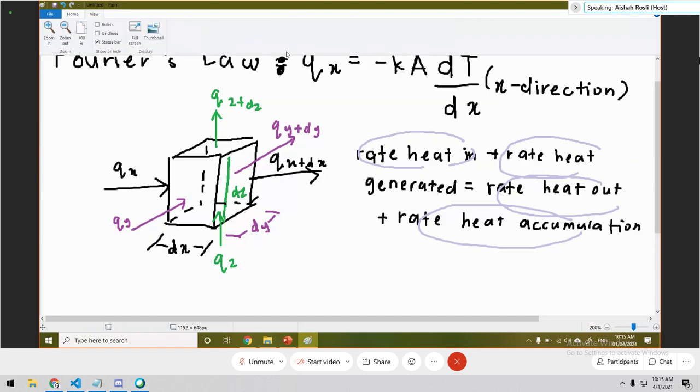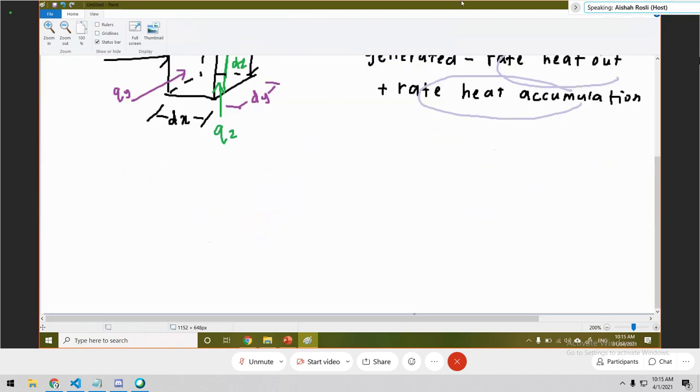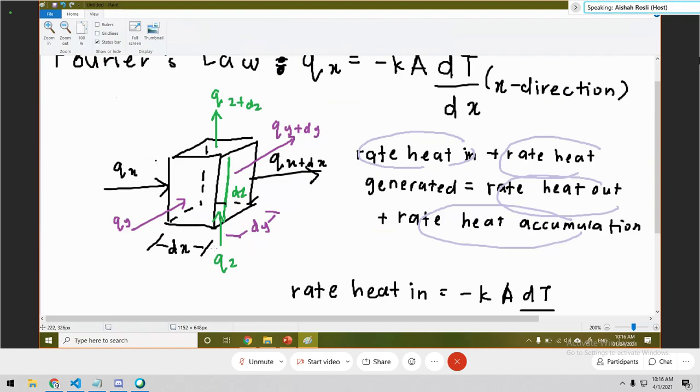So in this case, for rate of heat in, it's pretty easy because it's Fourier's law. It will be minus k A dT over dx. This is if we are talking in the x direction. The area for the x direction will be dy times dz.